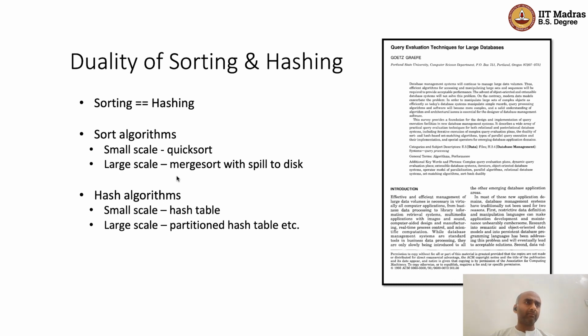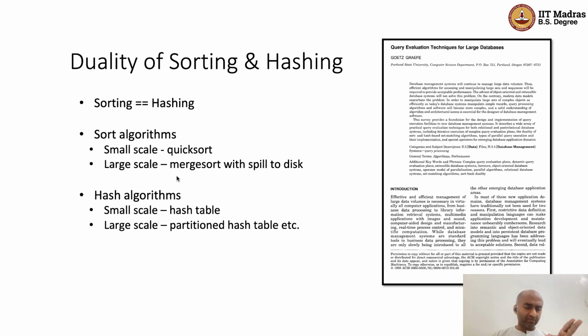But the moment the data becomes large in scale, what I really mean here is not volume of data, but the size of the range of the hash function, which means the uniqueness of the keys that you're using to compute the hash on.